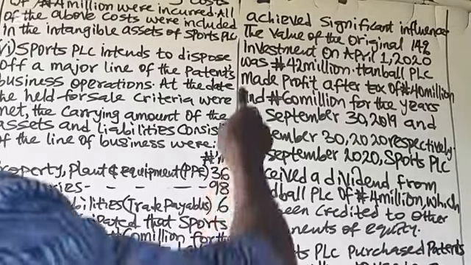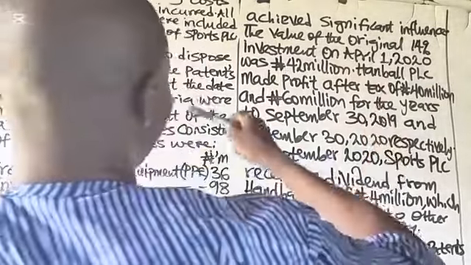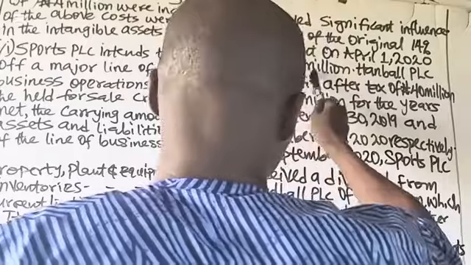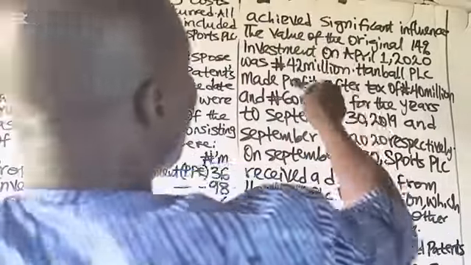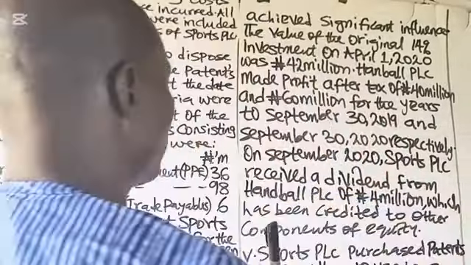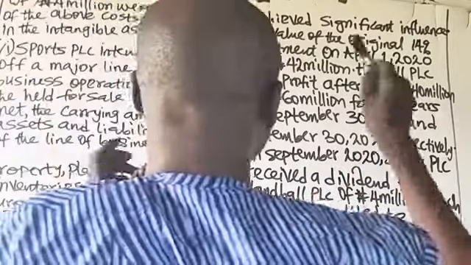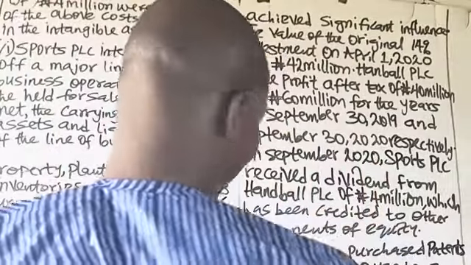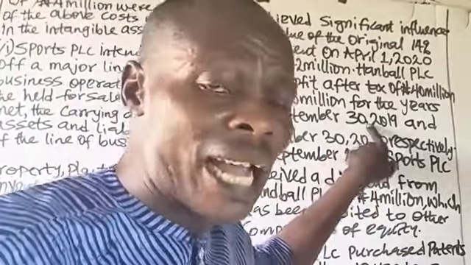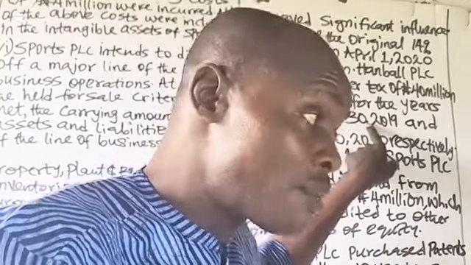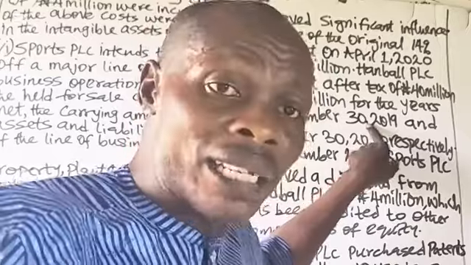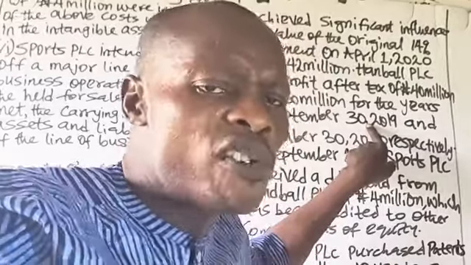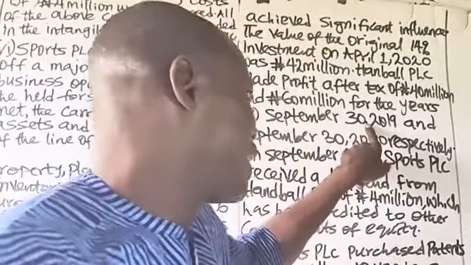Now, on achieving significant influence, the value of the original 14% investment on April 1st, 2020 was 42 million. Handball PLC made a profit after tax of 40 million and 60 million for the years to September 30, 2019 and September 30, 2020 respectively. Remember, as at September 30, 2019, significant influence had not been achieved. Significant influence was achieved on April 1st, 2020.